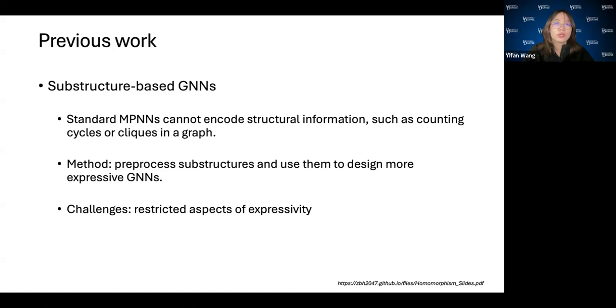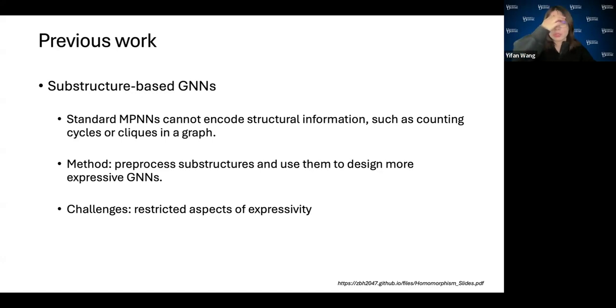Recent work has shown that standard message passing neural networks cannot encode structural information, such as counting cycles or cliques in a graph. So many graph neural networks may also fail to encode this critical structural information.